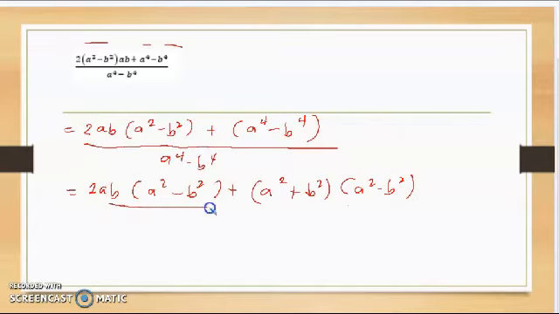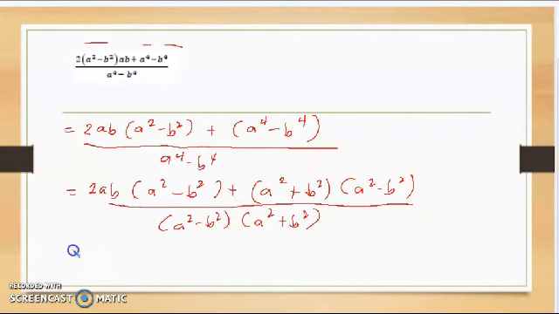Okay, then all over. Again, this one is similar to that. So therefore, the factors of the denominator are a squared minus b squared times the quantity of a squared plus b squared. And then look at the numerator.